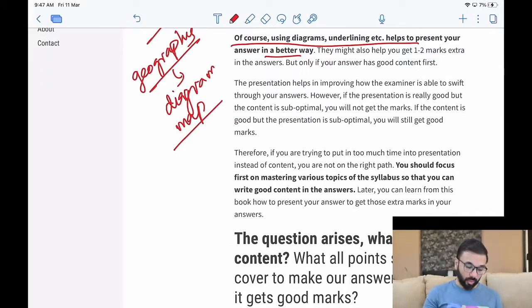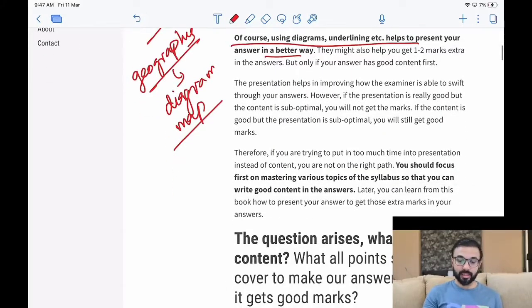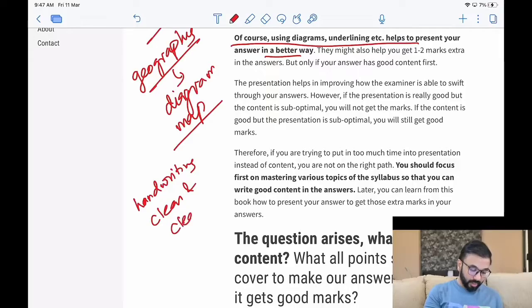And you must remember one thing: when it comes to handwriting, it should be clear and clean. You don't need to have very hi-fi answer writing. You don't need brilliant handwriting in order to get marks. As long as you have a decent readable writing, that will do.